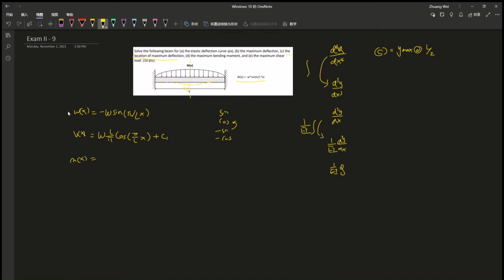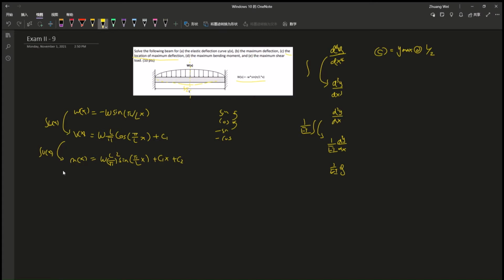You take the integration again, so cosine is going to move on to sine. So this is W over pi squared, sine of pi over L x plus C1 x plus C2, right?